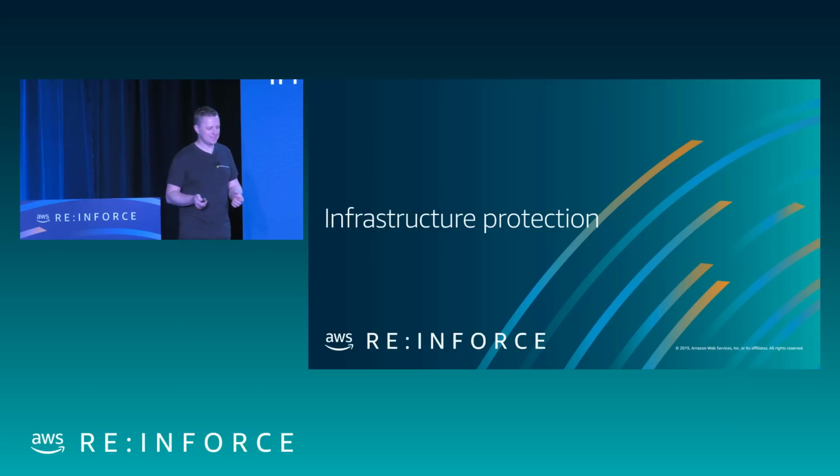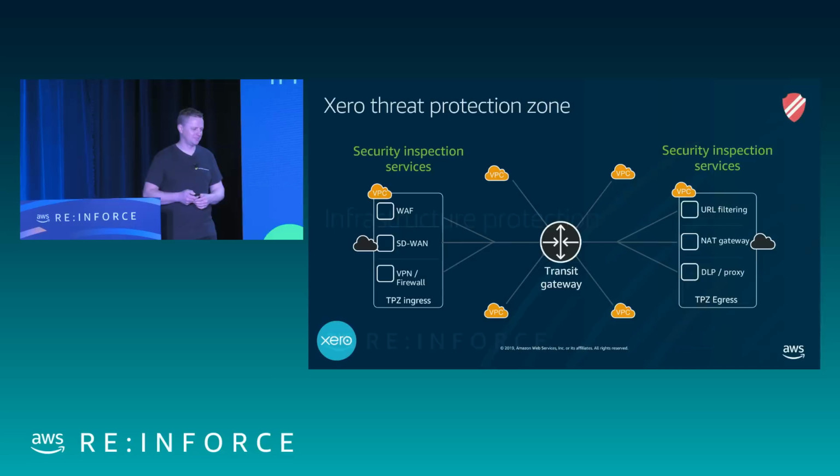So let's move on to infrastructure protection now, and this is going to be a big section. Last year at re:Invent, we launched Transit Gateway as a new feature for the VPC. Xero, one of our customers, presented an example architecture using a single VPC for ingress services, so they can put their security services in a single VPC and scale it across hundreds of accounts.